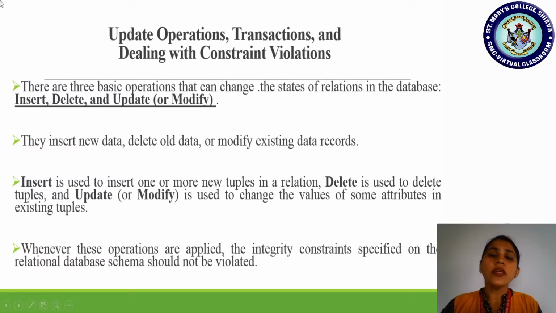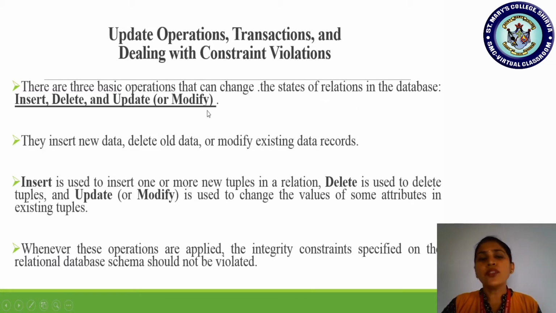Okay, so these are the three possibilities, three basic operations we can perform, and that is what we will be discussing with the update operations. Which are the basic operations which change the state of a relation in the database? So relation is what? The various entities, the various tables we have created and where we have saved the records.